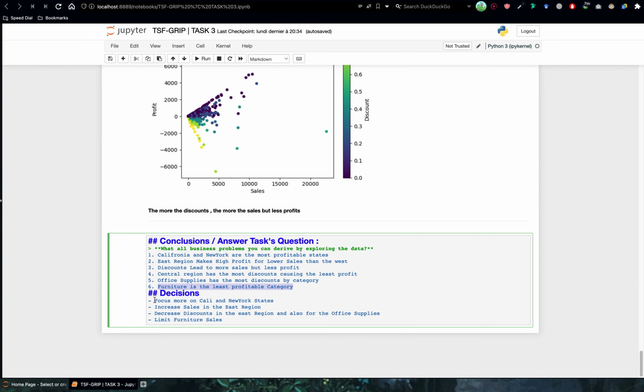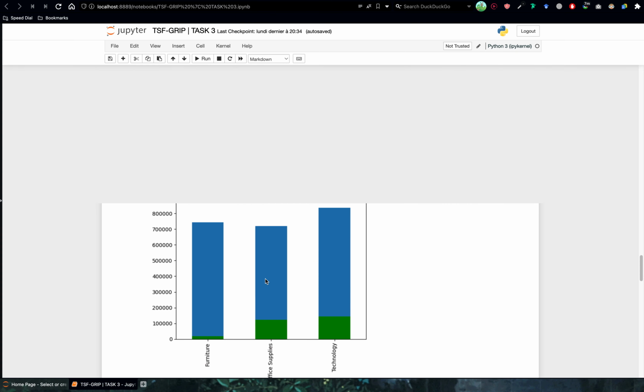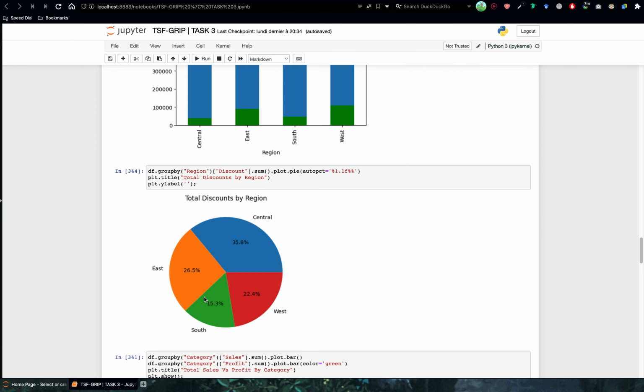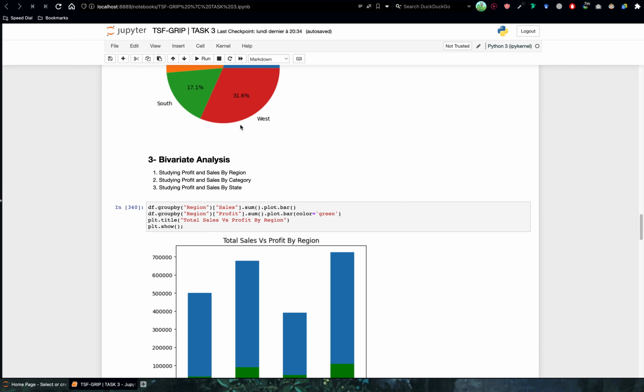So basically, the decisions are to focus more on California and New York State, since they are the most profitable states. Increase the sales in the East region, because we are not really focusing on the East region. As we have said here, the East region is making more profit, even though it has a lower percentage of sales compared to the West, where most of our sales are made.